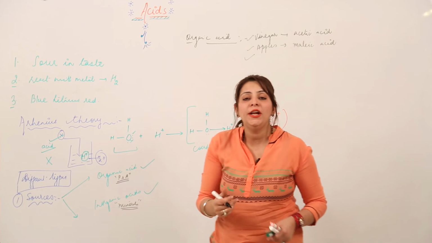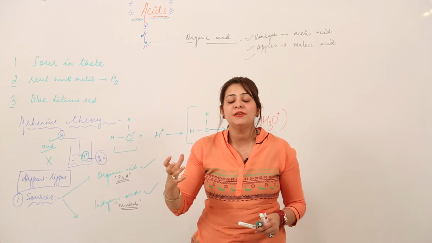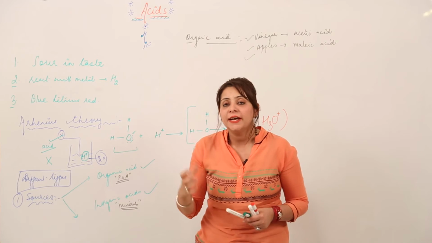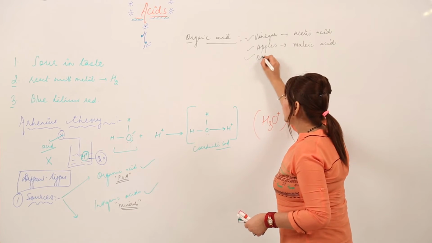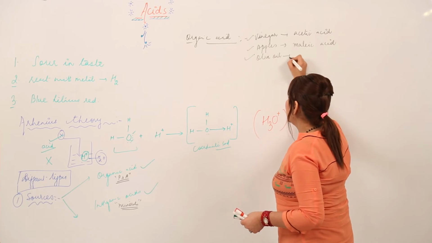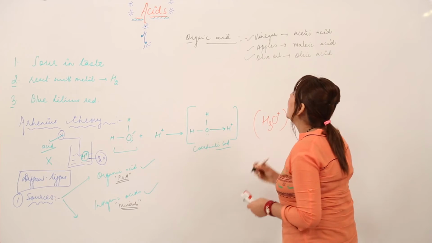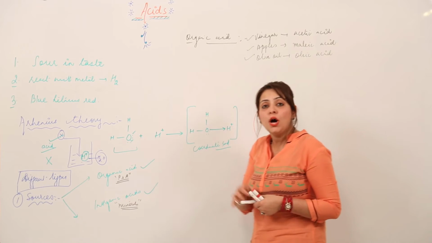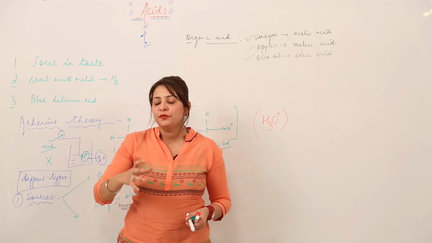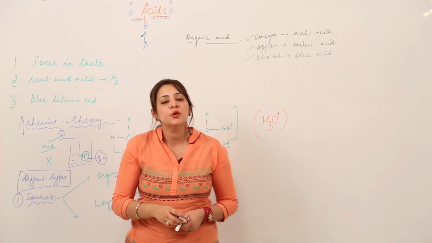Again, you must be familiar with olive oil. It is said to be a good oil for the healthy growth of hair, right? The olive oil also contains an acid, that is oleic acid. And all citrus fruits, that is, all fruits that taste sour in nature, are also acidic.